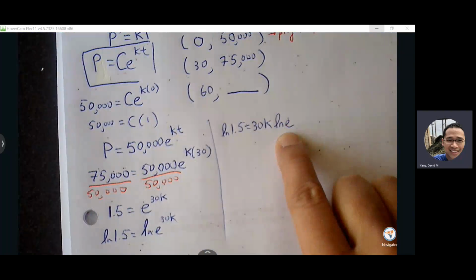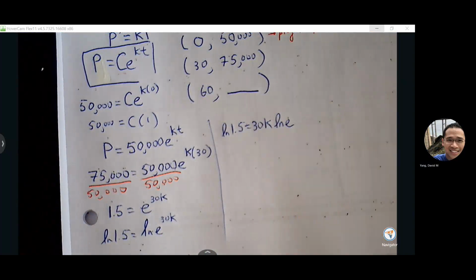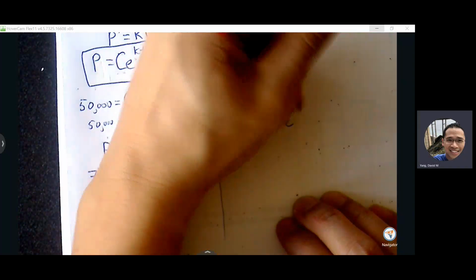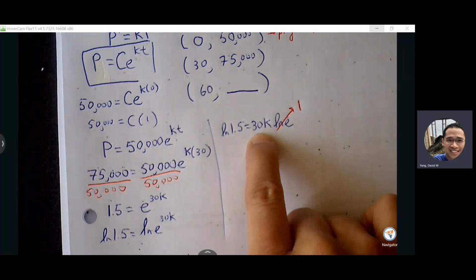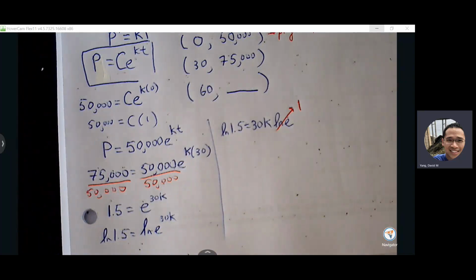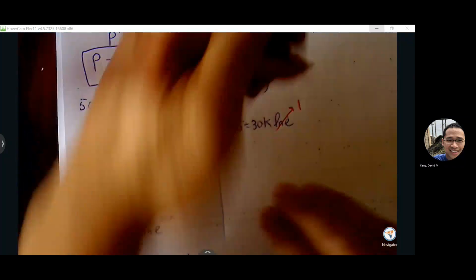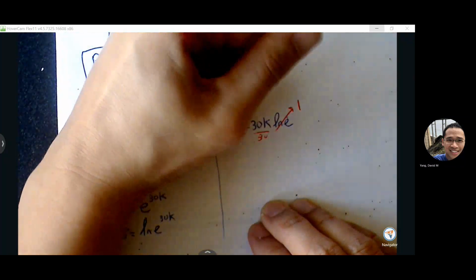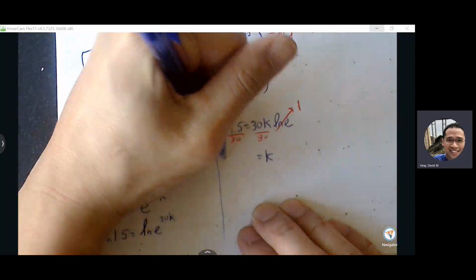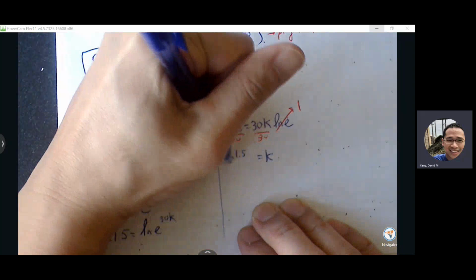What do you know about natural log of e? Just equal to 1, so I can just make it go away. So I'm just down to 30K equals natural log 1.5, divide both sides by 30. So my K is equal to natural log of 1.5 over 30.